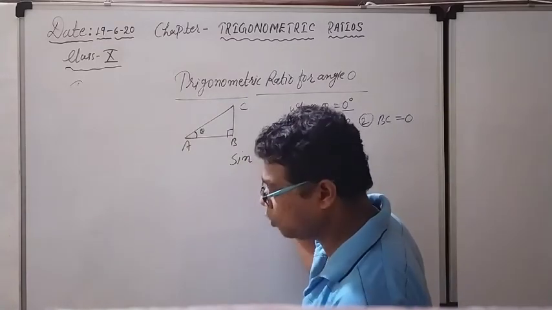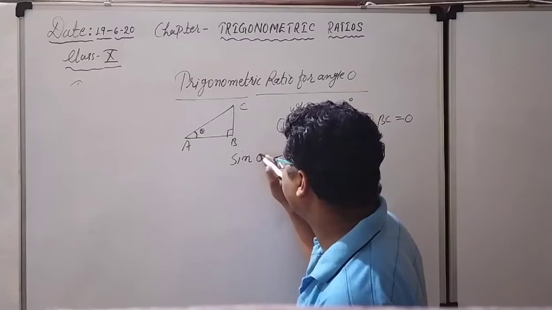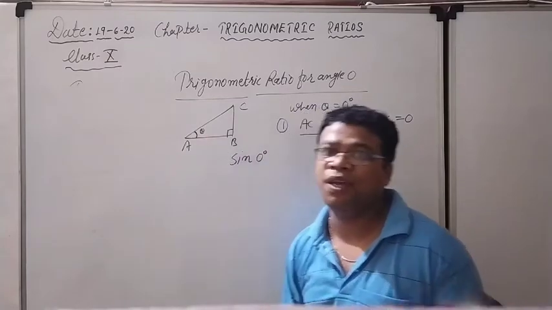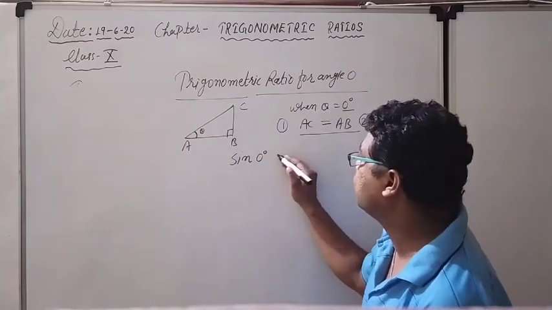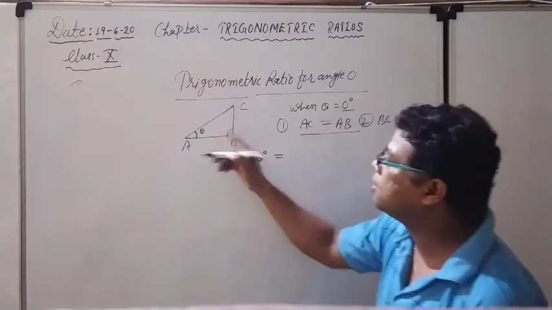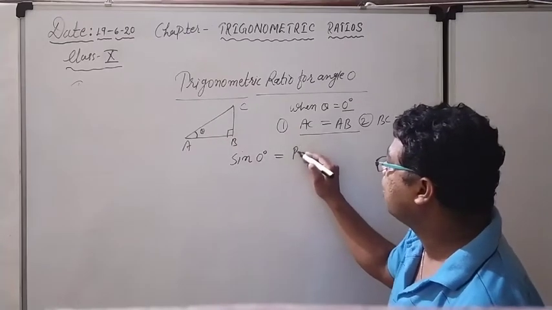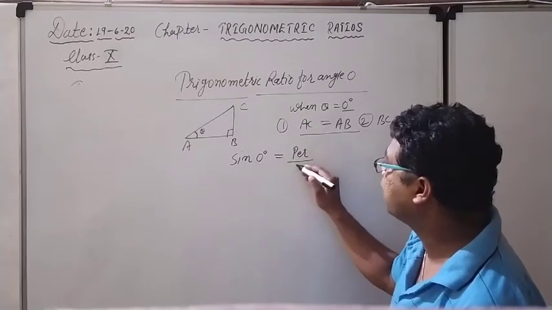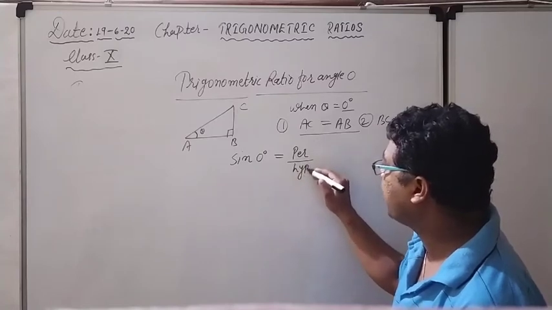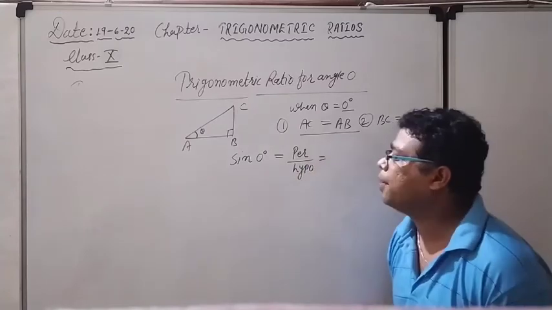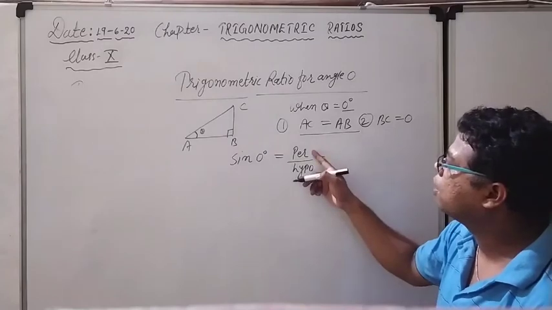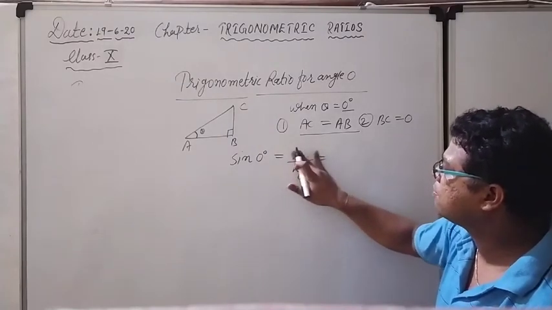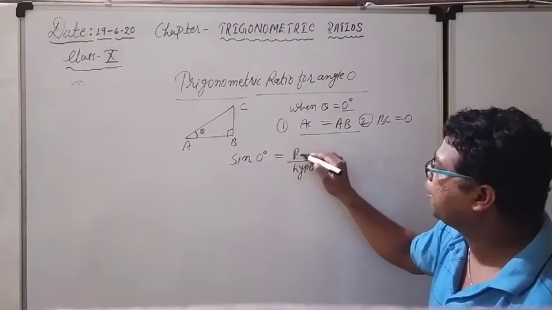Right now see, all the ratios we have to find out. Like sine, I am going for the sine 0 degree, because the theta we are considering is 0 degree. So what is the sine 0 here? Sine 0 is equal to, what is the formula? Perpendicular upon hypotenuse.